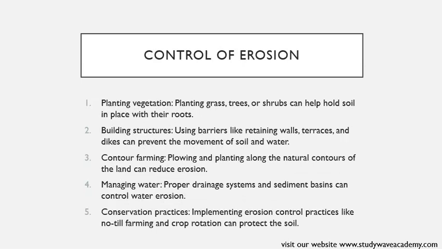Control of erosion. Controlling erosion means finding ways to stop or reduce the wearing away of soil and rocks by wind, water, and ice. Planting vegetation.